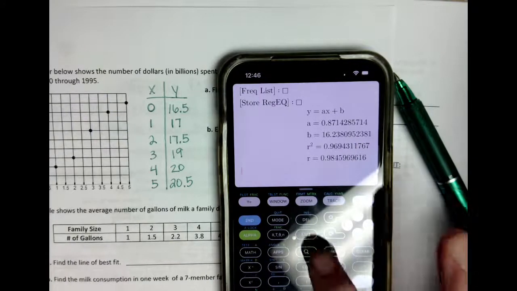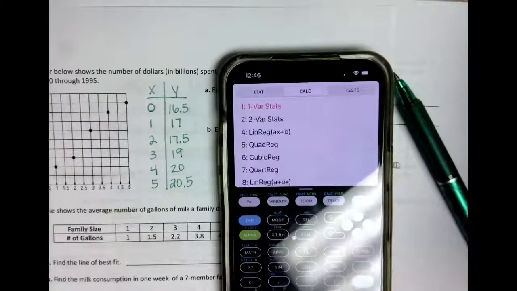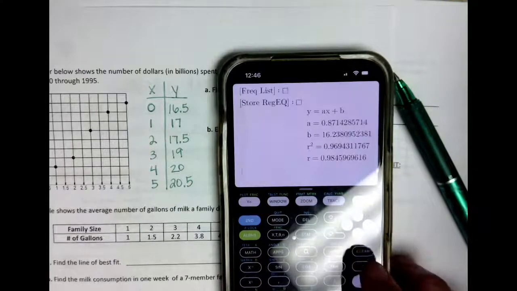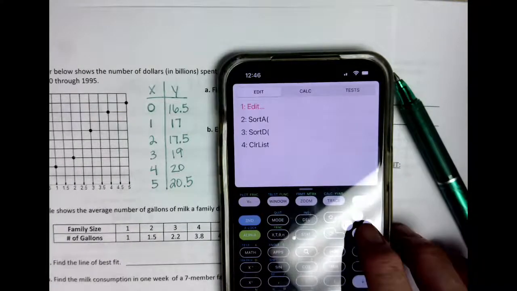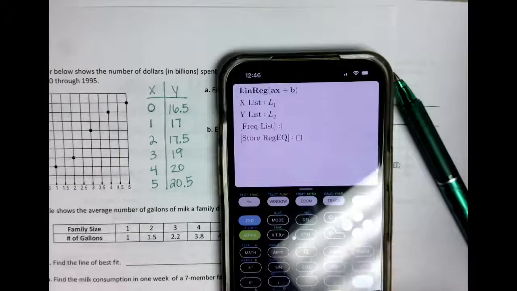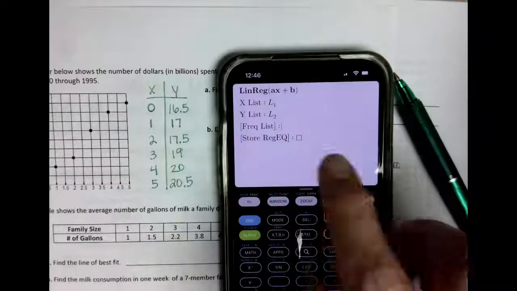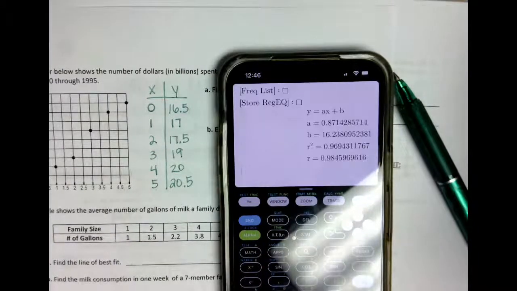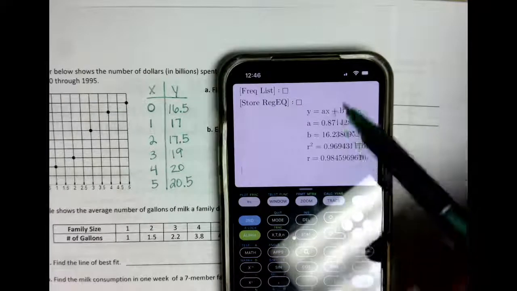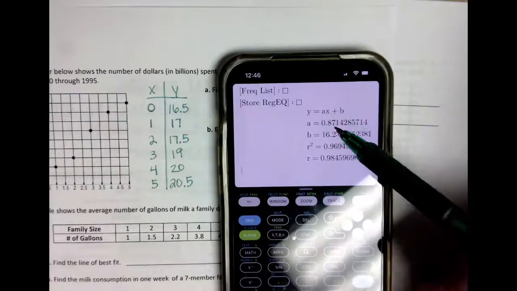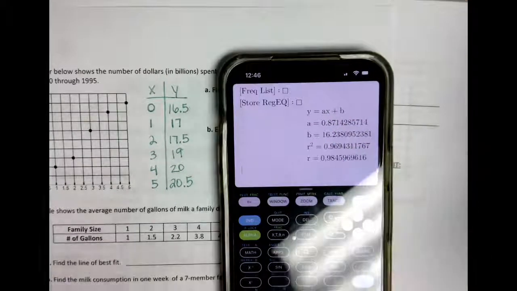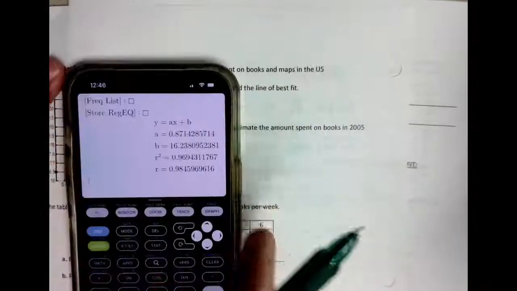Y list L2. Yep, that's what it should say. So, calc, so you went to 4 and you get all this. Hit enter again. And it'll give that to you. Now, we just care about the A and the B because that's what it is, AX plus B. So that gives us our equation that we need.